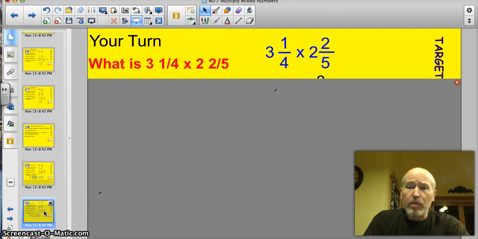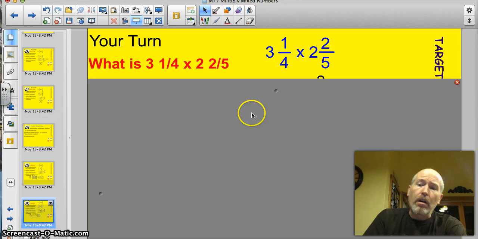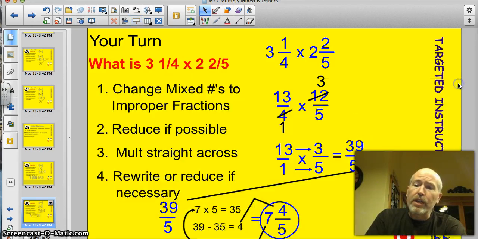Here we go. Here's another one. 3 1/4 times 2 2/5. Go ahead and pause it and work through that. All right, I'm back. Let's see how you did. Well, 3 times 4 is 12, and 1 is 13/4. 2 times 5 is 10, and 2 is 12/5.